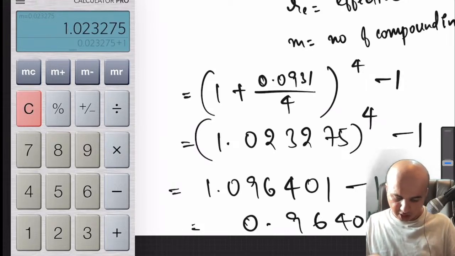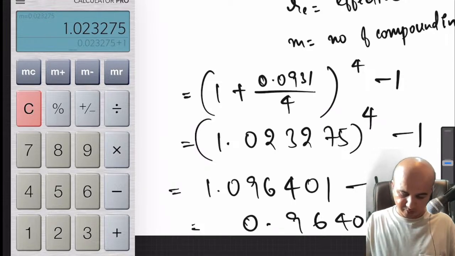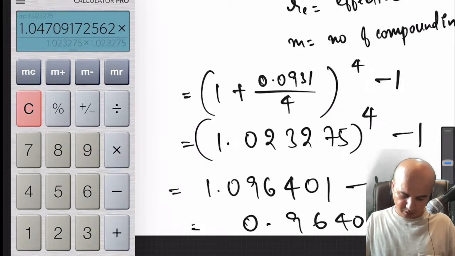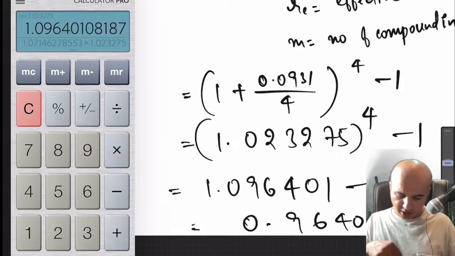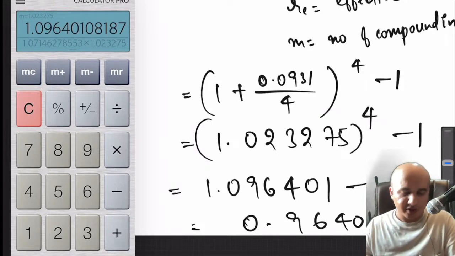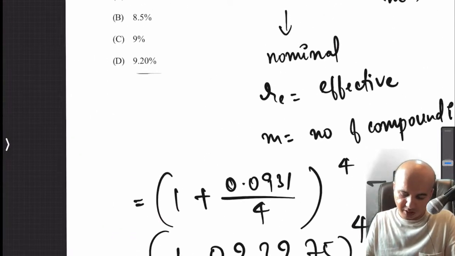Yeah, so this should be raised to the power of 4. 1 second. 1.023275 memory into recall memory into recall memory into recall memory. Again we'll get the same answer. Okay, I don't know why we are getting 0.96.